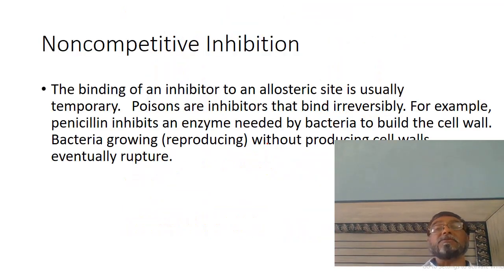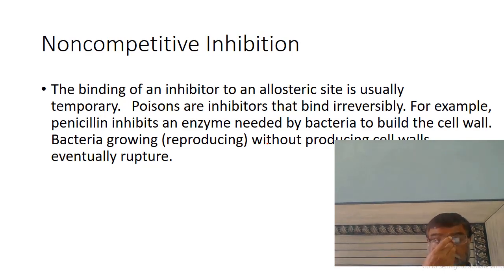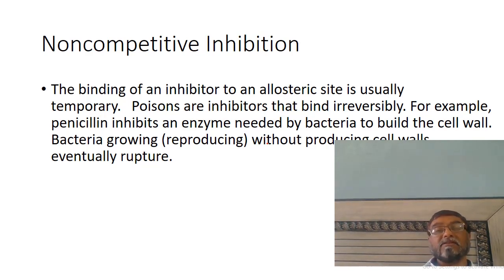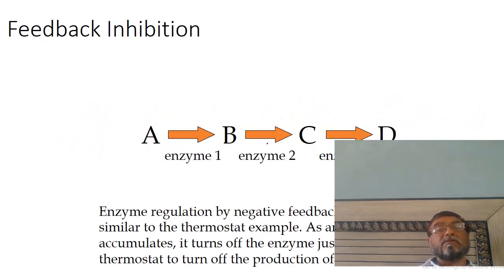This is the non-competitive type of inhibition, the binding of an inhibitor to an allosteric site. Normally that is temporary and based on the requirement of the cells. Poisons acting as inhibitors bind on those sites irreversibly. Penicillin inhibits an enzyme needed for bacteria to build the cell wall, and there are so many examples of that.